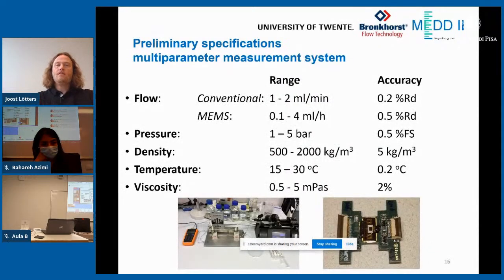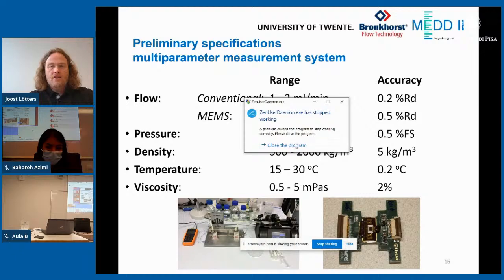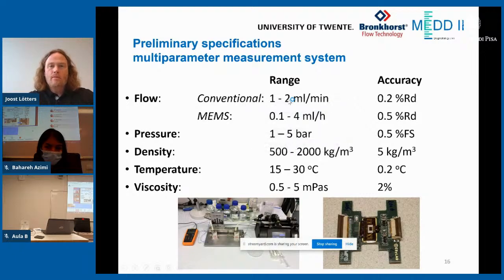So summarizing all of these results, because these mainly were the single fluids. From now on, we will have to characterize also the mixtures of all these liquids. But we think we can achieve these specifications. So for flow, the conventional system, it's 1 to 2 milliliters per minute and 0.2% reading accuracy.